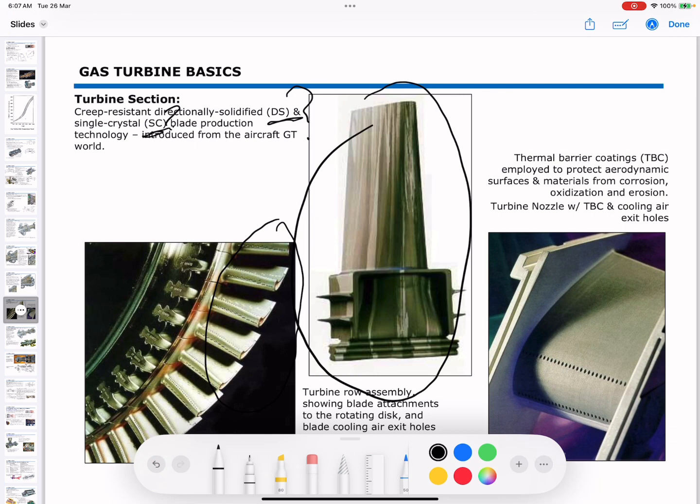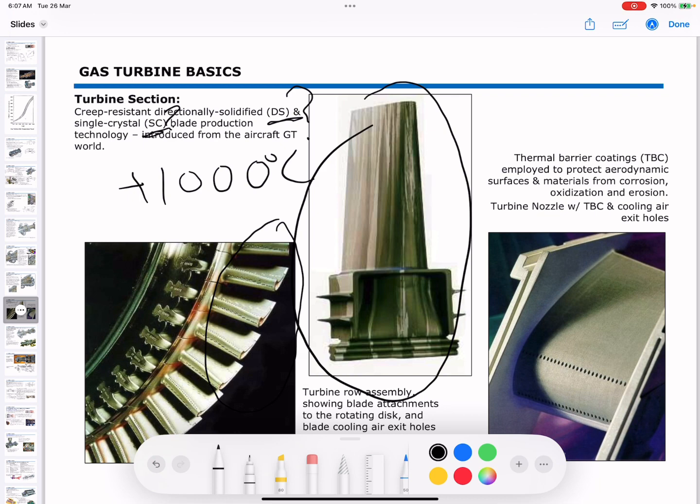They are fabricated from nickel-based superalloys, so it's mostly made of nickel. SC blades are manufactured using specialized directional solidification techniques. By eliminating grain boundaries, the SC blades offer superior mechanical properties important for withstanding extreme temperatures, which can exceed 1000 degrees Celsius.